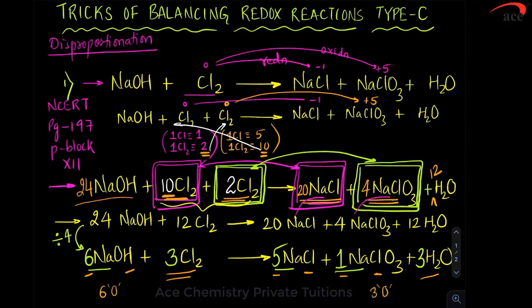Here the number of oxygen is 3, and here it is 3, so total oxygen is 6. So it is balanced. Disproportionation reaction. The trick is the element or the substance which undergoes disproportionation, you have to write down twice and then use the same logic of type A and you will get the answer.